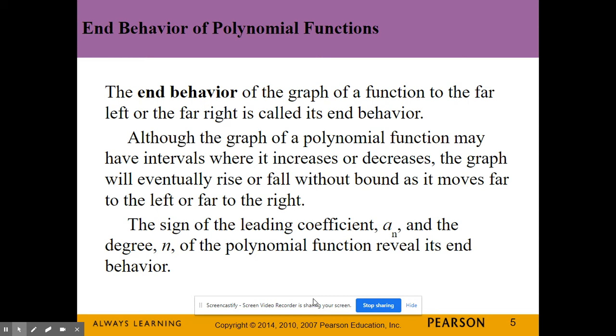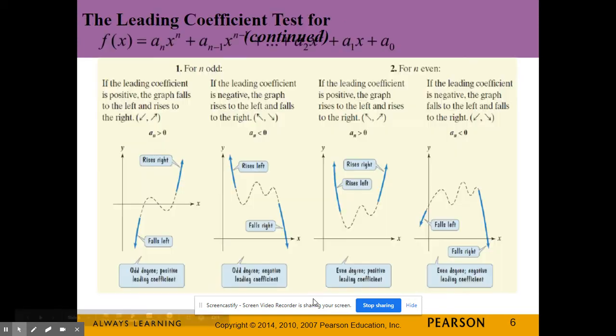The leading coefficient, basically whether it's positive or negative, then the degree of the entire function, whether it's odd or even. So these are the four categories they can fall into. What happens in the middle is undetermined by this, but what we're talking about is just how the function ends.